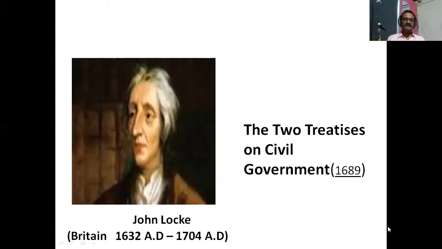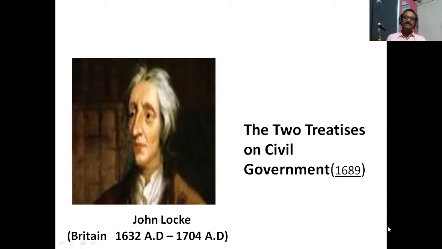There were so many other great works, but among those, the Two Treatises on Civil Government was very important. It was written in the year 1689. The Glorious Revolution took place in 1688 in England, where the king left the throne, and the supremacy of the parliament was established.